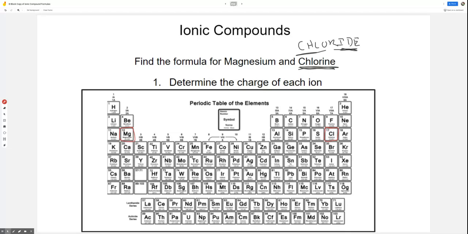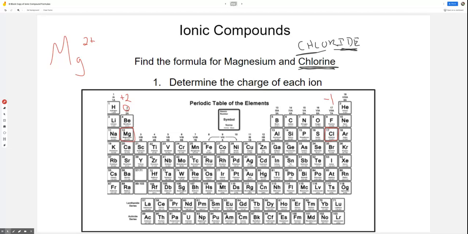So step one is, what are the charges of these two ions? Well, magnesium is in group 2. All the elements in group 2 form a +2 ion. So magnesium is going to be +2, or 2 plus. Chlorine is in group 17.